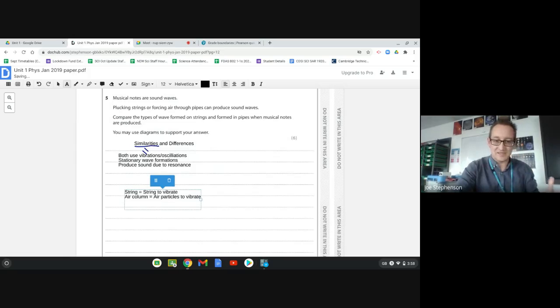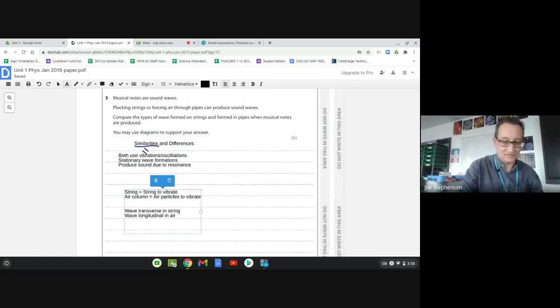Seems obvious, but it's a key difference between the two. One uses a solid string and the other is using air particles in a gas. Now the wave itself, the wave is transverse in a string, whereas the wave is longitudinal in an air column. And that's another key difference.